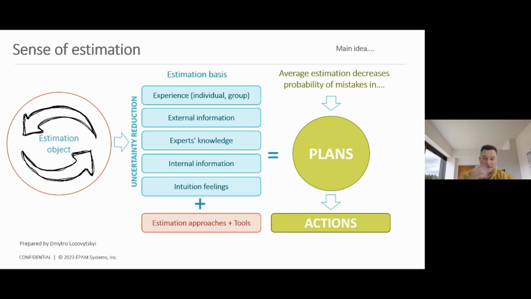Specific to this slide, to this model, you will decrease the probability of mistakes in your plans, and it automatically means that you will decrease the probability of mistakes in your future actions. So again, that is why the estimation approach is a common business of the whole team.